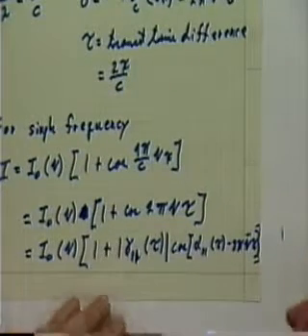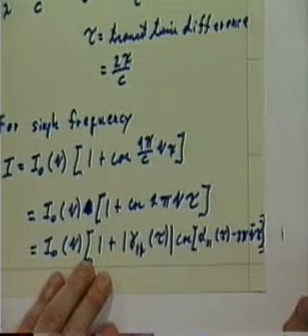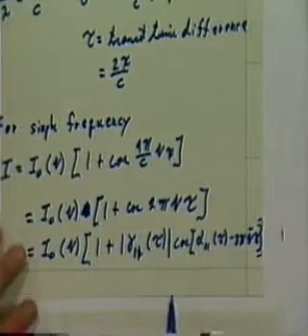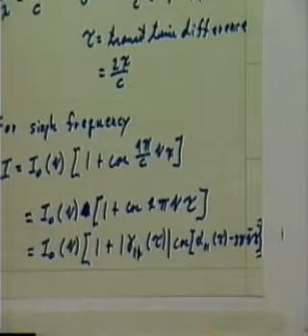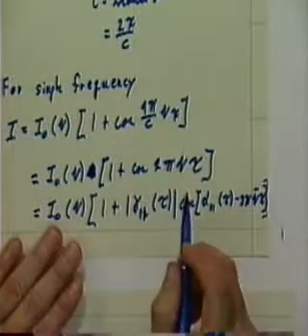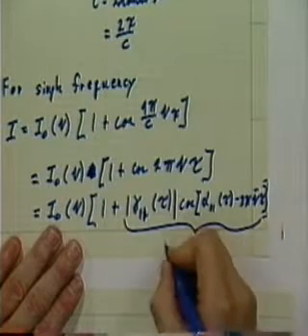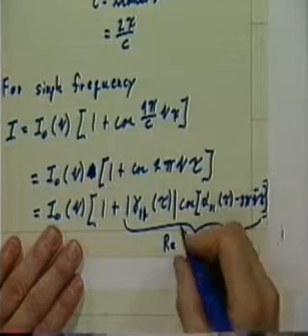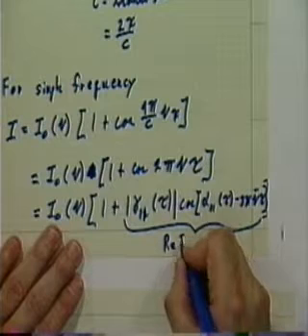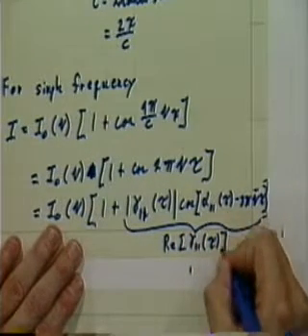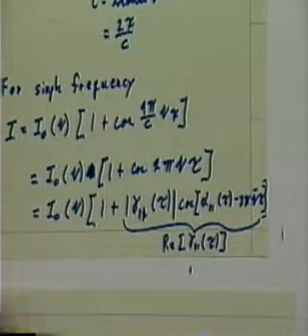So we just wrote that in terms of 1 plus the magnitude of the coherence function times the cosine of alpha minus 2 pi nu bar tau. And this here then is just the real part of gamma 1 of tau.